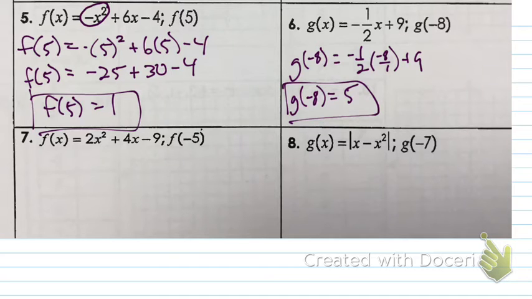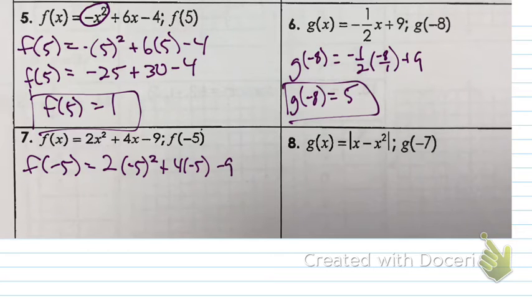Okay, for number 7, I got a lot going on here. This is a quadratic function, in case you were wondering. So, on this one, I have to square my negative 5 first. So negative 5 squared is 25 times 2 is 50.